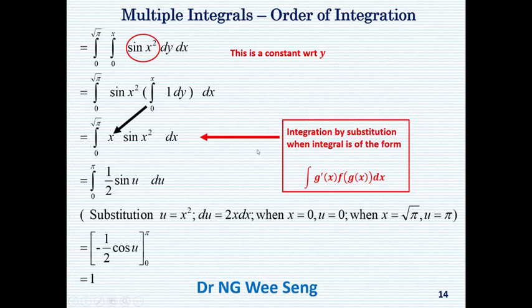This can be done by the method of substitution. And that's because x is related to x squared. In fact, the derivative of x squared is 2x. So when the integral has this format, we can do it by substitution. Don't forget to change the integration limits. So here's a reminder, because we are changing the variable from x squared to u, the corresponding integration limits have to be changed as well. And we get the final answer of 1.